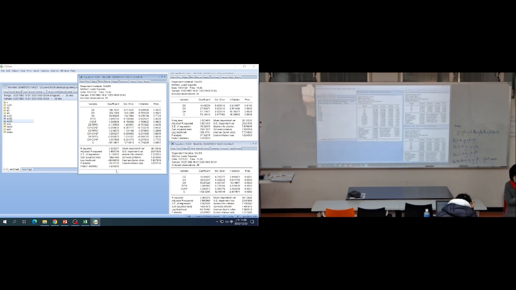So what does that mean? Look at this one, from here to here, all of them are insignificant. Any information from there? Yes, that when we add all these slope dummy variables together in the model, it doesn't mean anything anymore. It's not accurate anymore.